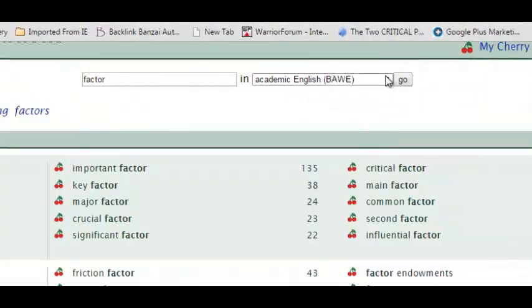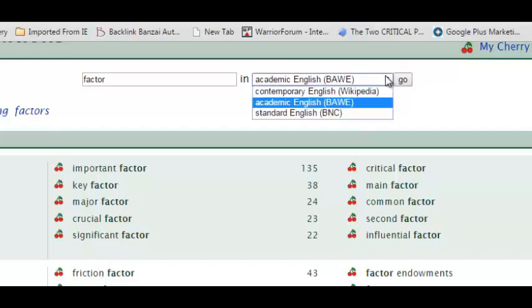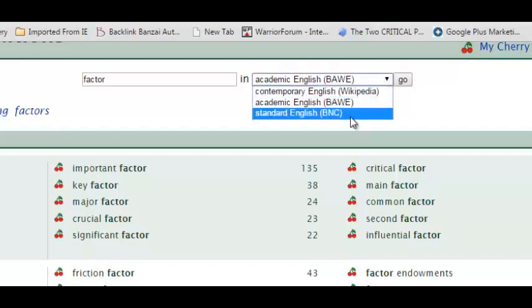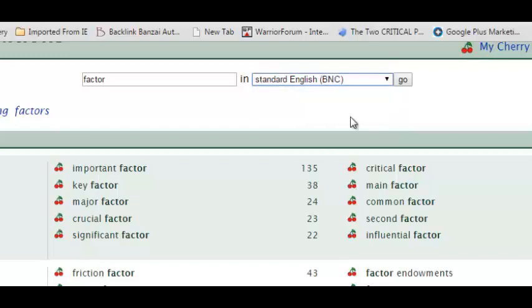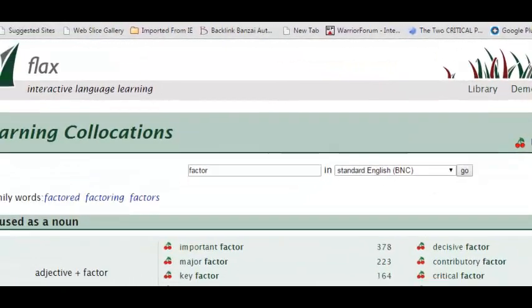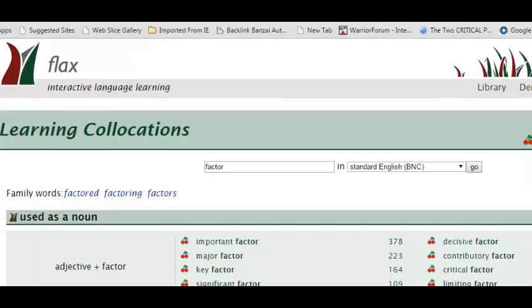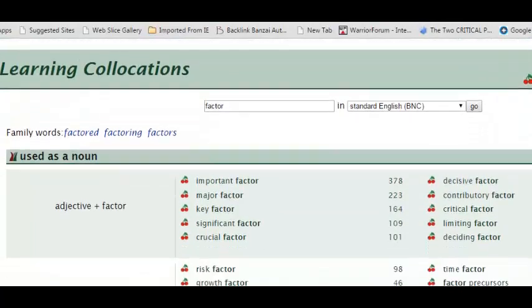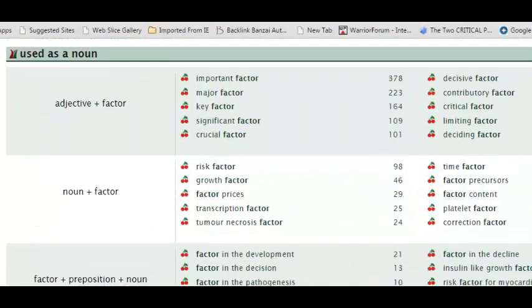We had selected the academic English corpus. Let's see if there's actually any difference in the way that academic English uses factor compared to standard English. So let's now select the standard English corpus and press go to see. Okay, so you can see immediately that very similar patterns are there, adjective plus factor, and you can see how common it is.